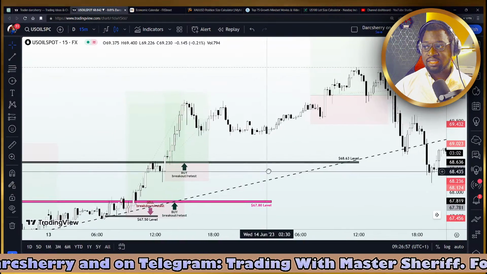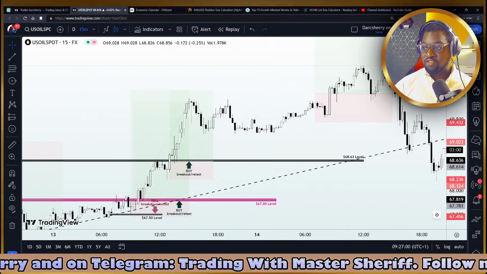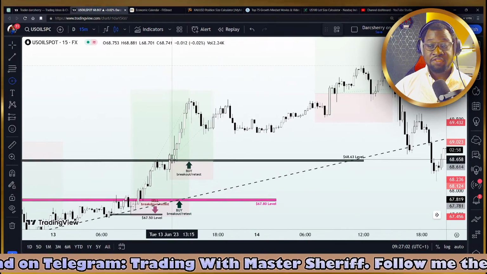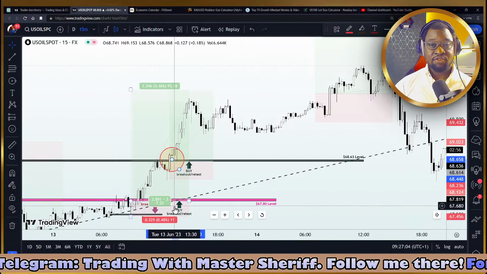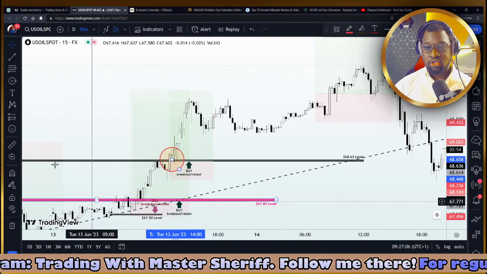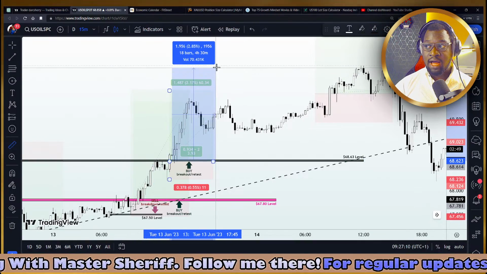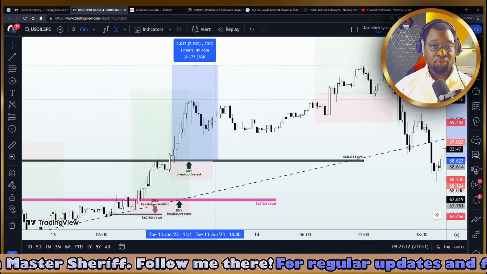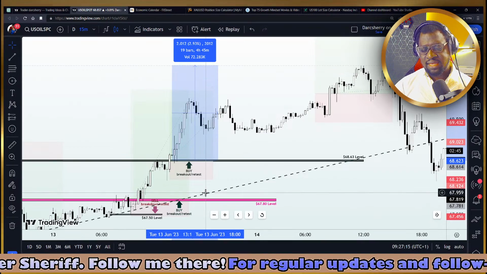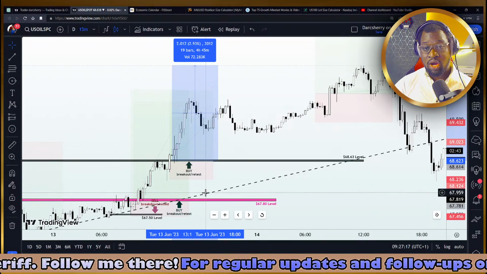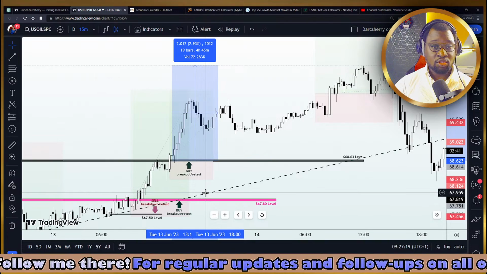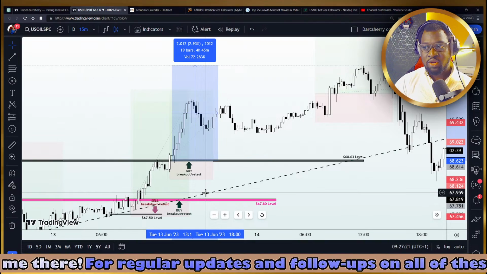Then we also decided to add more position if price action breaks out of the $68.63 level. So we had a buy stop order there too to maximize the potential of this bullish move. And we saw our price action moved over 200 pips on that one. So on the third day of this week, we were already in a massive profit of over 500 pips on the USOilSPOT.